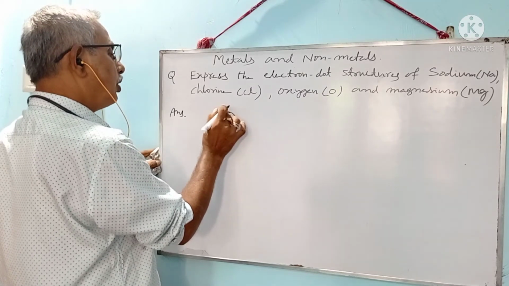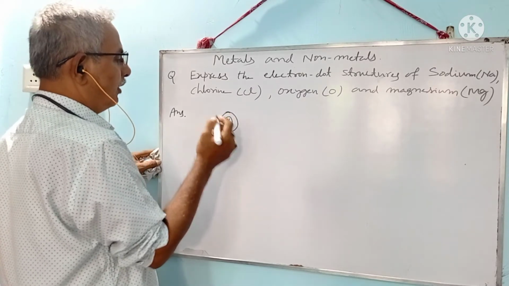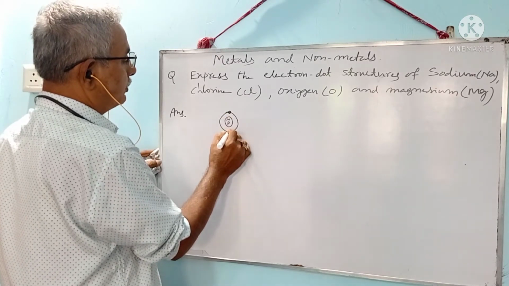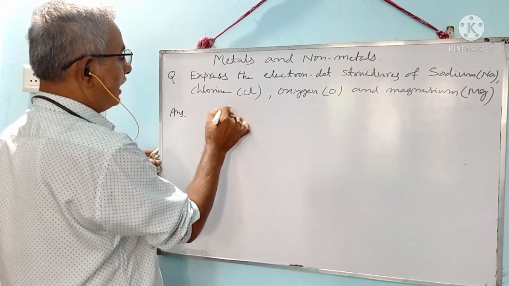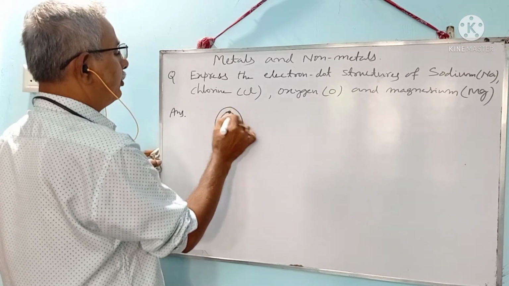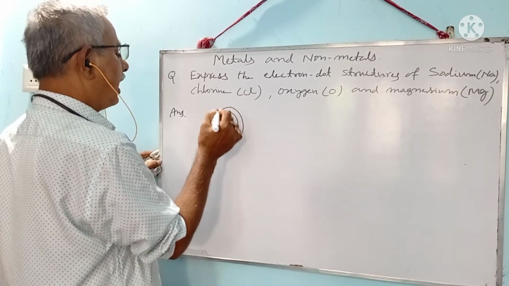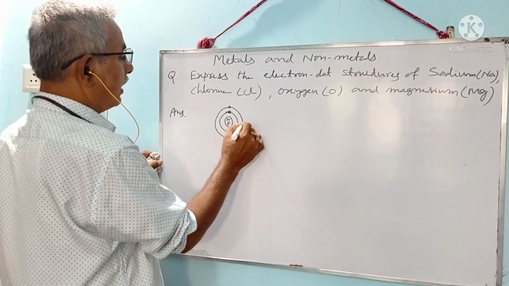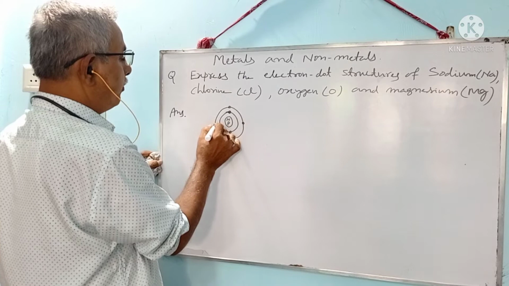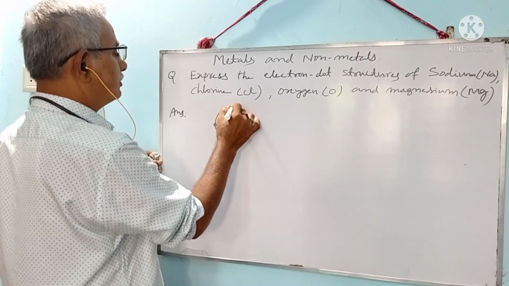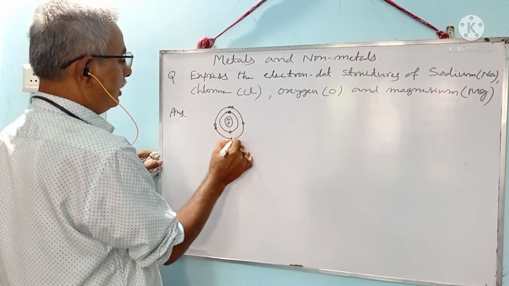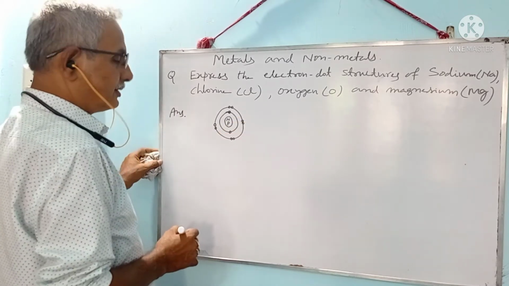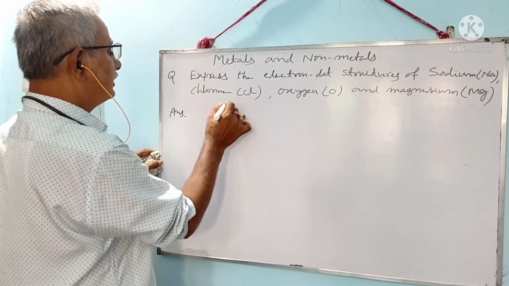Now, in the first cell or first energy level, there are 2 electrons. In the second energy level, there are 8 electrons. First of all, 4 electrons you write, and then you make the pairs. Here you see 8 electrons you are getting in the second orbit or second cell. And in the third cell, what happens?